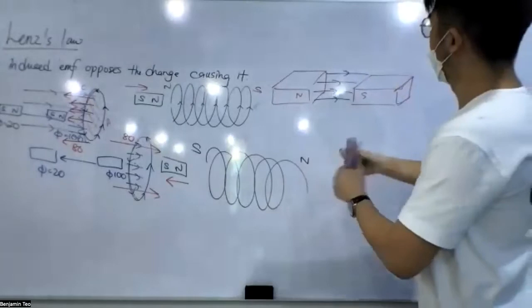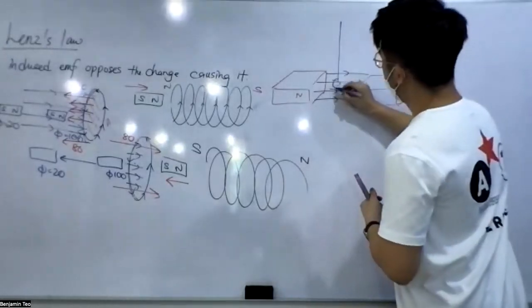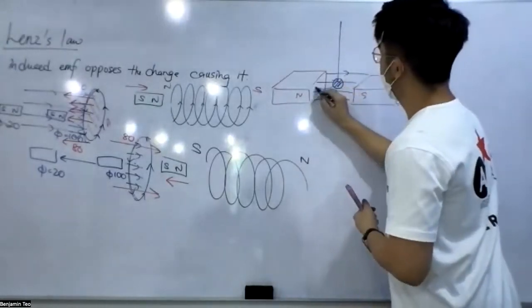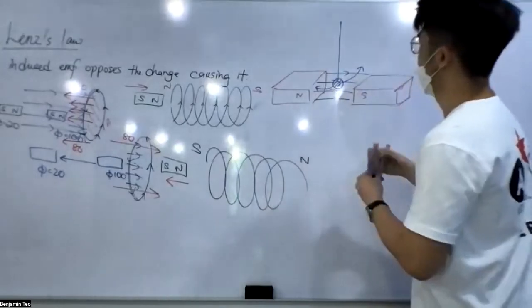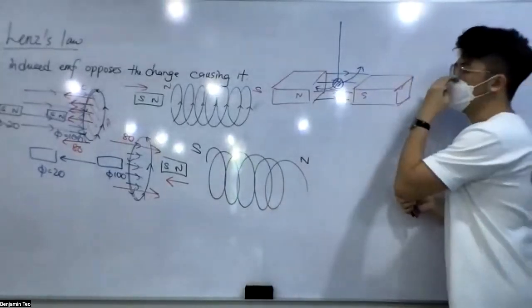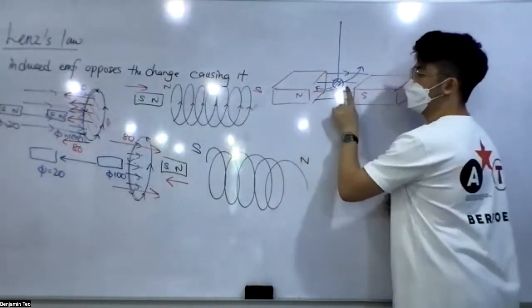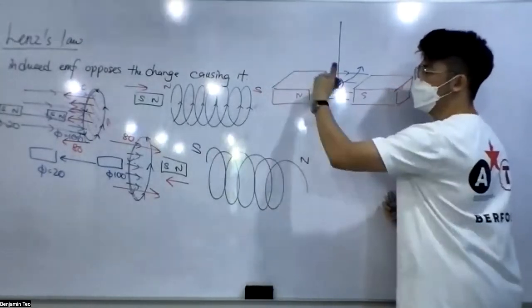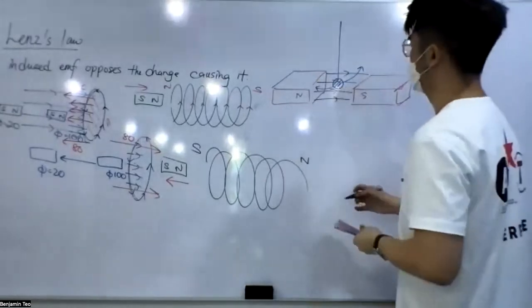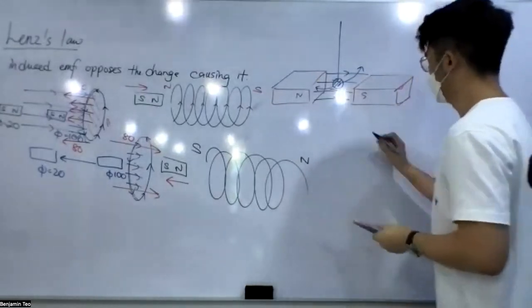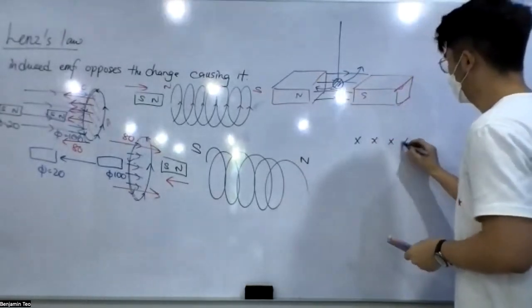Okay, this one, conductor, oscillate inside the field like this. Every time the conductor oscillates away, moves away, swings away, there is a force pulling it back like this. Okay, that is the field.